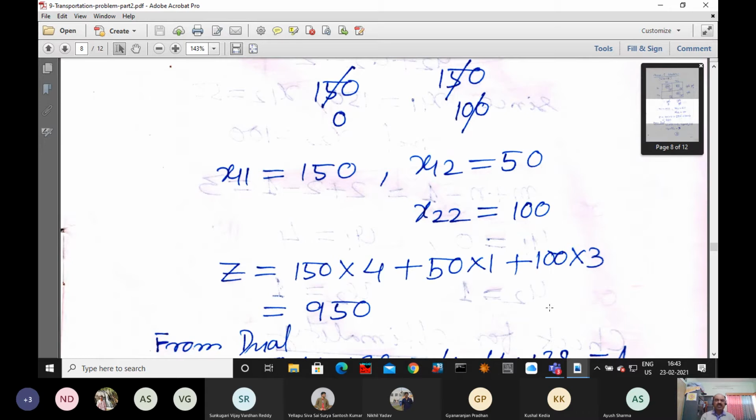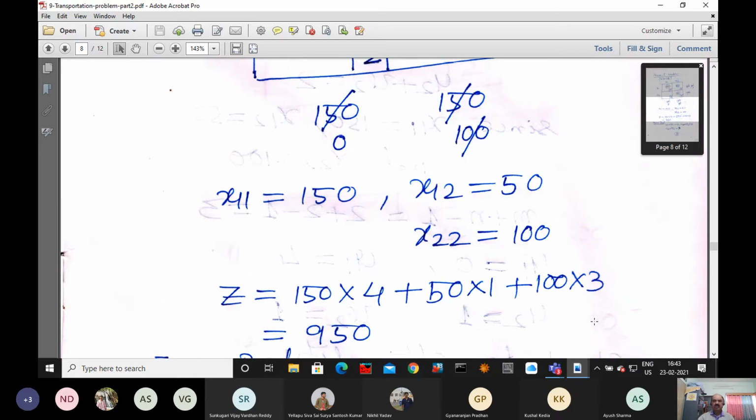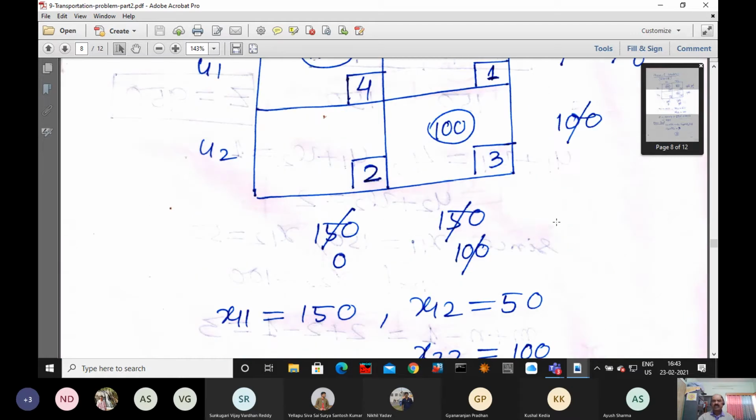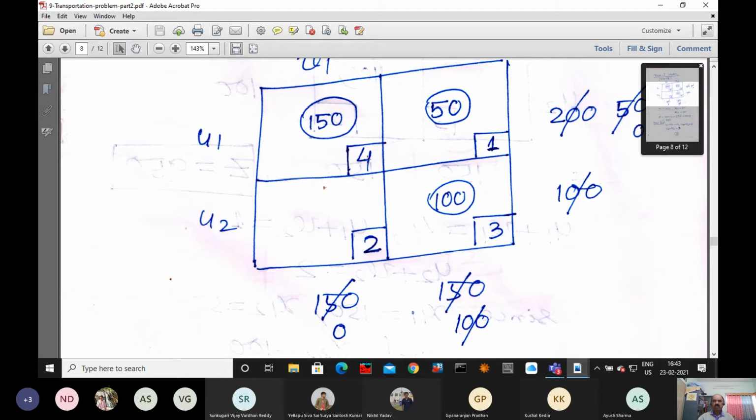Now, with respect to this, if you calculate the value of z, we want to minimize. You can see here 150 into 4, that is 600, 50 into 1, 650, then 0 into 2, that is 0, then 100 into 3, 300, 600 plus 300, 900 plus 50.